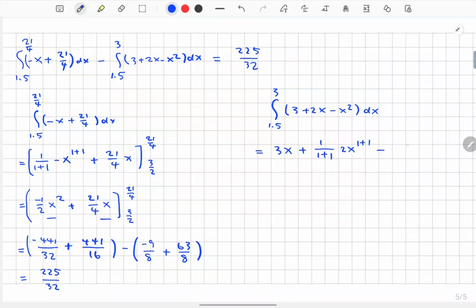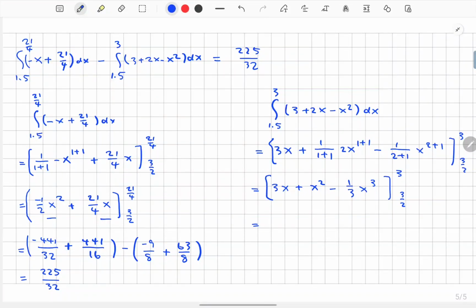Then we minus 1 over the power plus 1, x to the 2 plus 1. Then we'll evaluate it from 3 over 2 to 3. So we'll simplify the entire thing. This will be 1/2 times 2, they cancel out. So we're left with x squared, then minus 1/3 x cubed from 3 over 2 to 3.